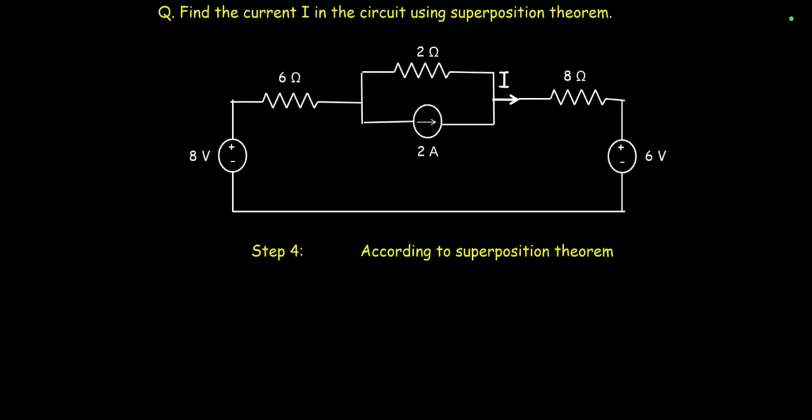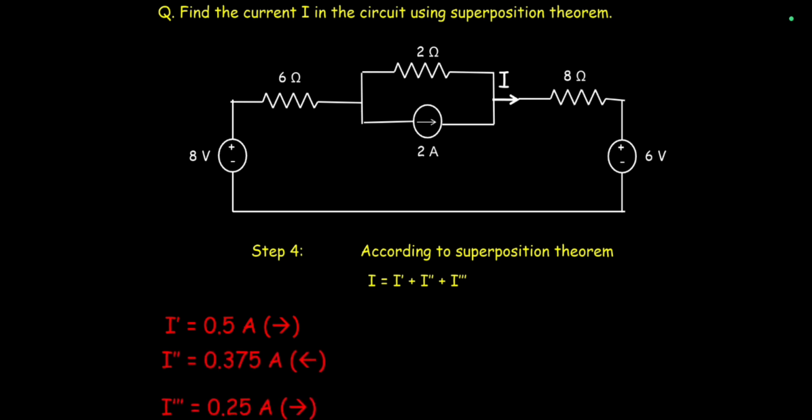According to superposition theorem, the total current will be the summation of the individual source currents. So I dash plus I double dash plus I triple dash. I dash is from left to right, I double dash is from right to left, and I triple dash is from left to right. As the direction of I double dash is opposite to that of I dash and I triple dash, we will mark a negative sign to the I double dash.